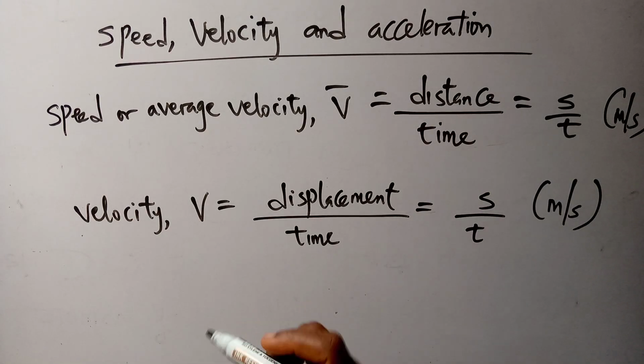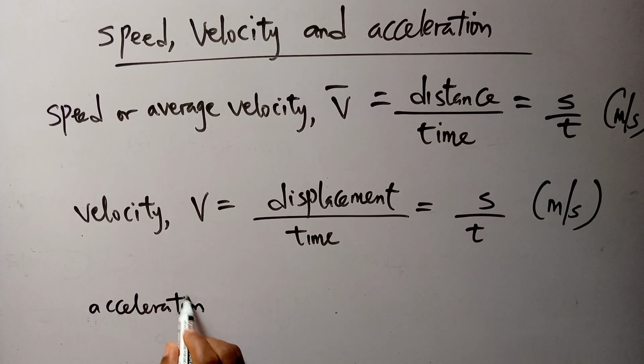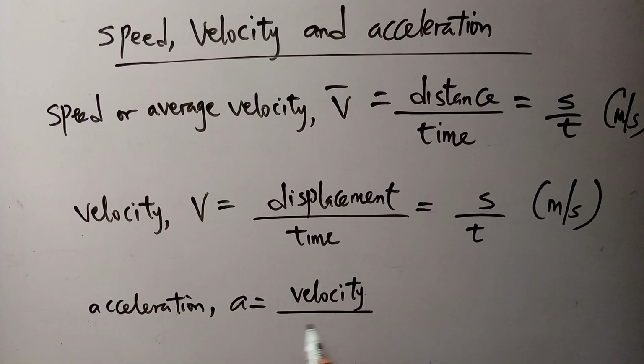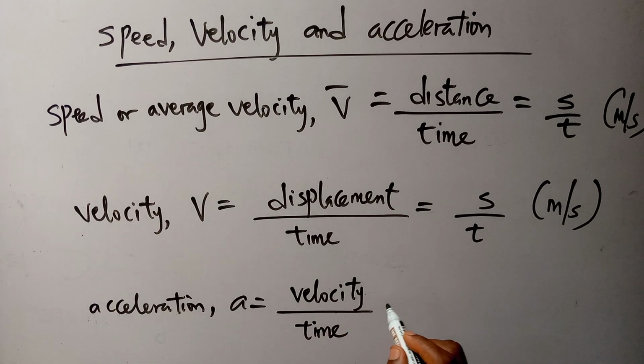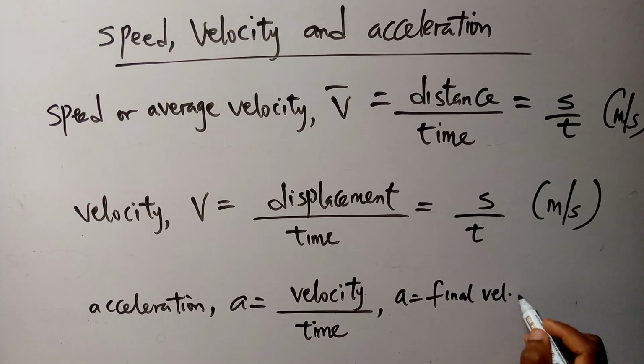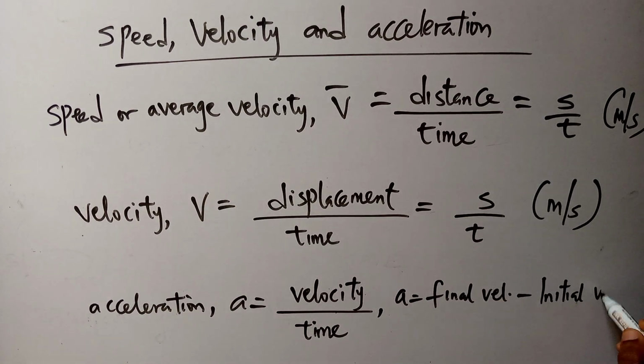Next, the formula for acceleration. Acceleration is calculated using velocity divided by time. Acceleration can also be calculated using final velocity minus initial velocity divided by time.